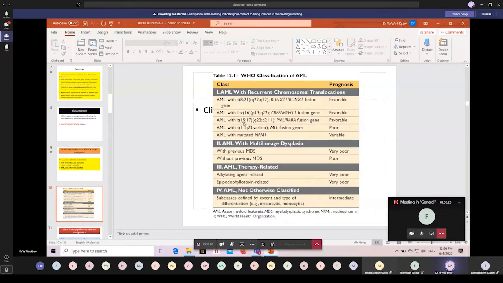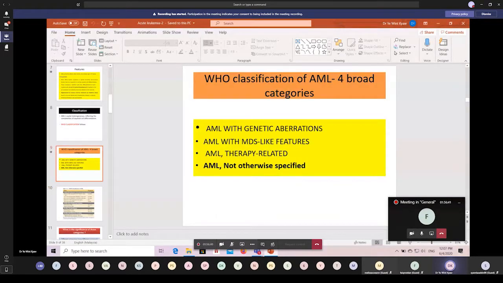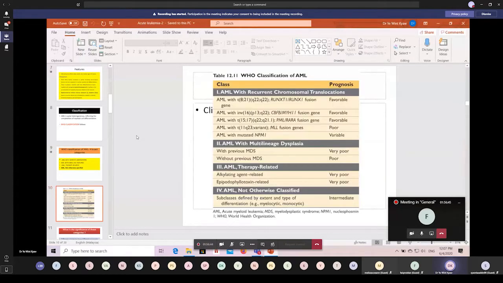This gene number, no need to remember 22, 21, just remember 1570. This is quite important. If you forget these 2 classifications, just remember the WHO category only.